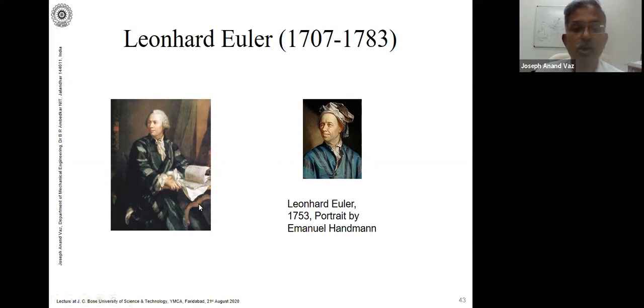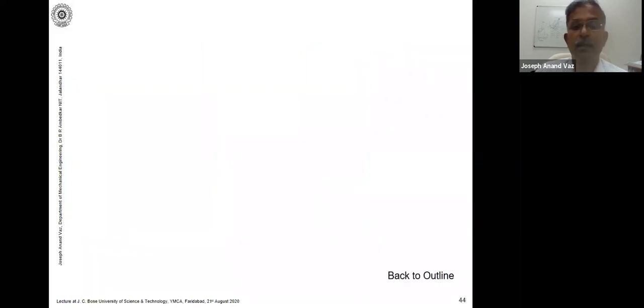Even Newton's laws were not written in the form that we know of today: rate of change of momentum is caused by the resultant of external forces acting on the body. So it was Euler who formulated these laws in the form of the mathematics that we know of today.